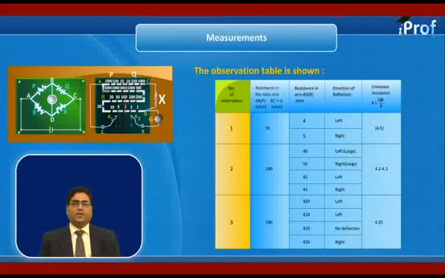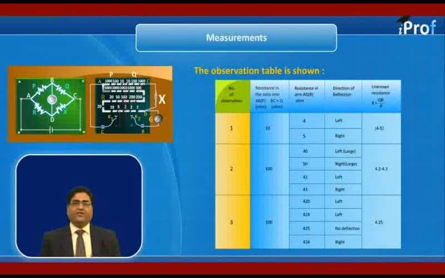Now X equal to QR upon P equal to 10R upon 100 equal to R by 10, where R belongs to 42 to 43. So we can estimate that X belongs to 4.2 to 4.3.